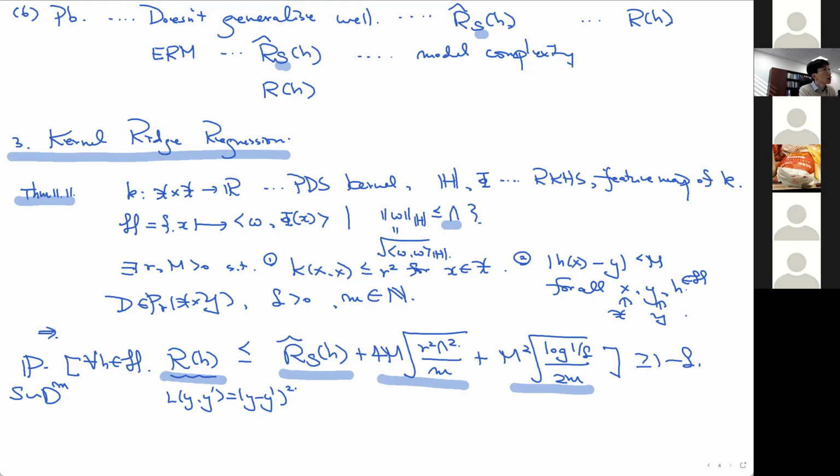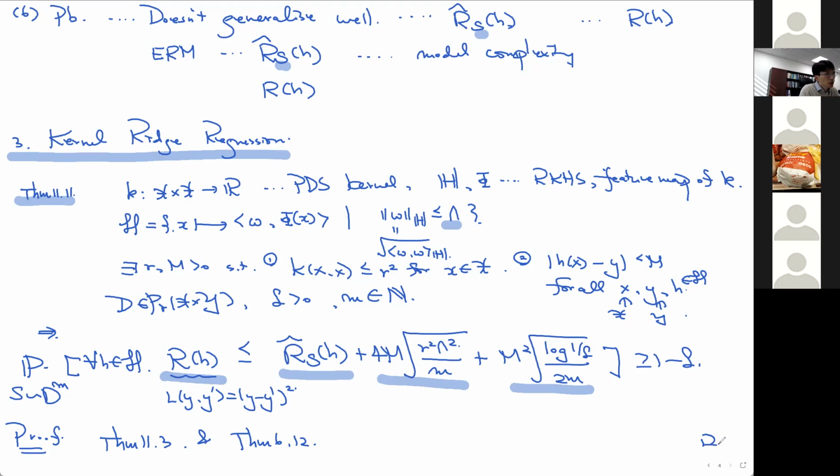This theorem is actually an easy consequence of what we learned before. We learned last time some theorems, so this is an easy consequence of theorem 11.3 that we learned, and theorem 6.12.